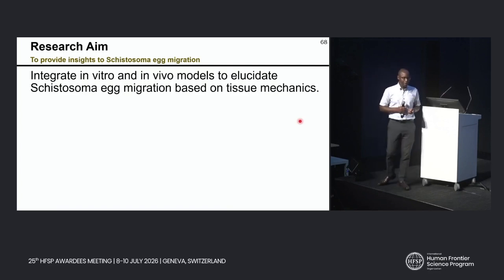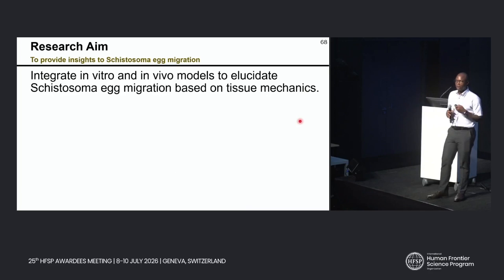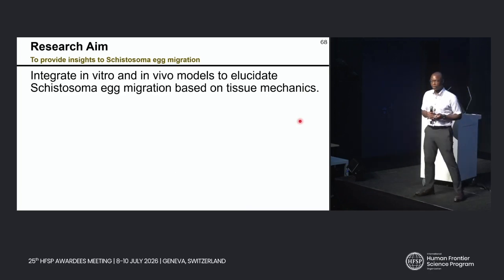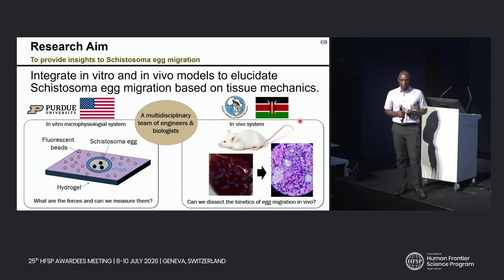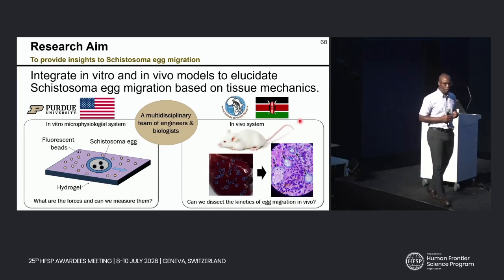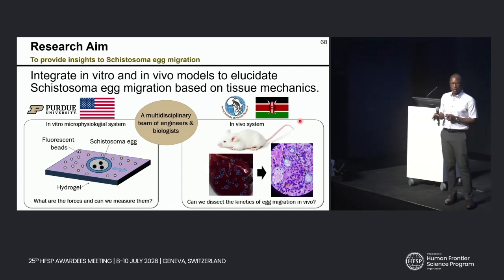Well, just as I said, we decided now let's integrate in vitro models with in vivo models and try to elucidate the whole migration motion based on tissue mechanics. And what we did was to build a team. Just as I said at the beginning, we have a team at Purdue University and a team in Kenya.